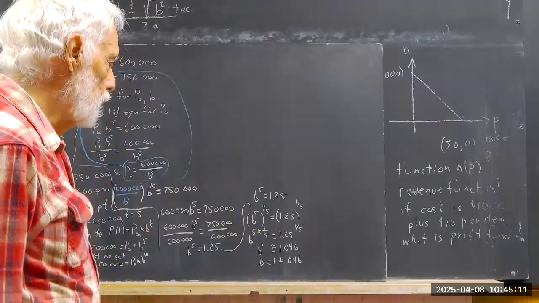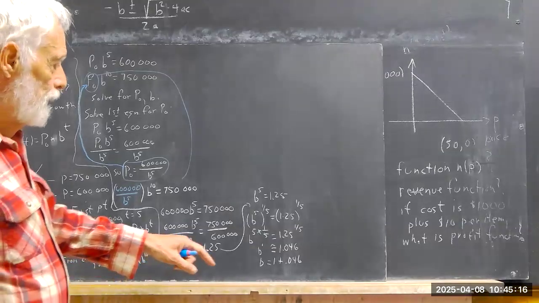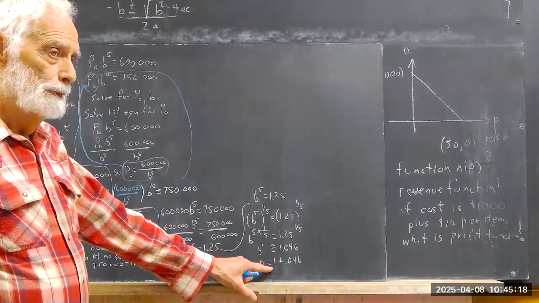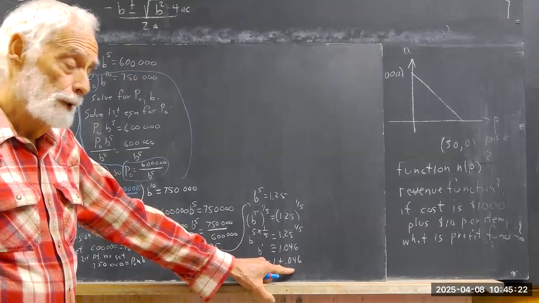Well, that's 1 plus 0.046. With this model, this means that every year you keep your principal and add 4.6%. Okay.